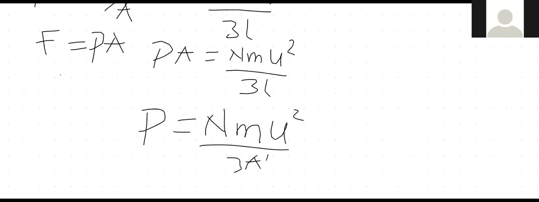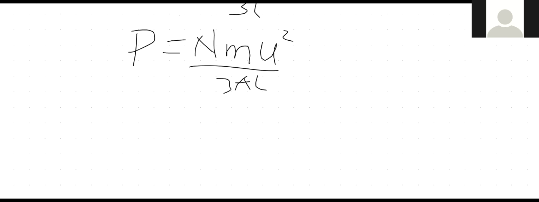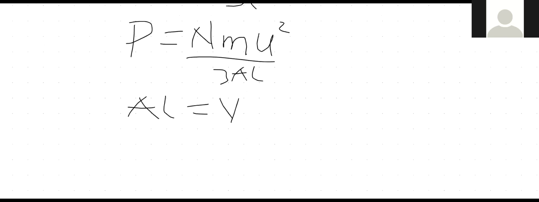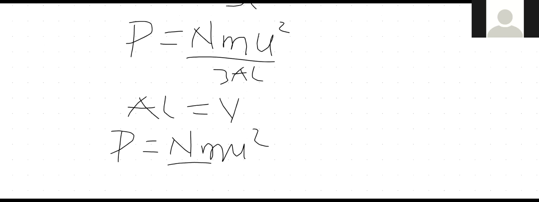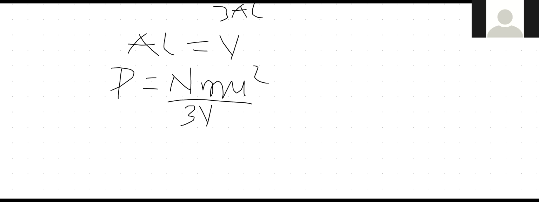And of course, remember AL, that is area times length, is equal to volume. So we can now simply replace this in our formula. Therefore, we have P is equal to NMu squared all over 3V. The V here stands for volume, and u here stands for velocity.